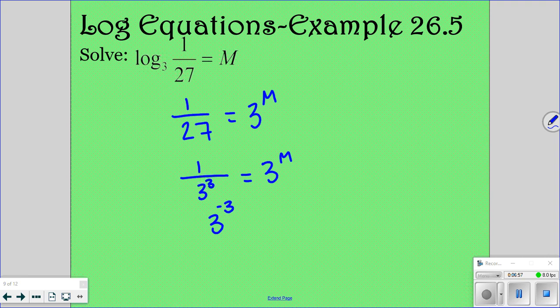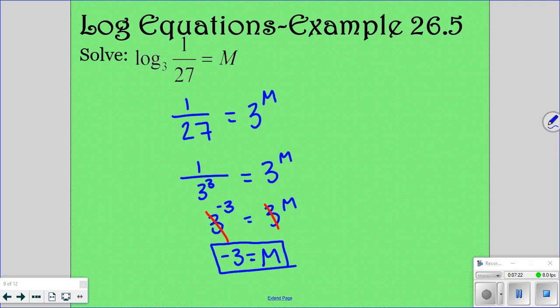So 1 over 3 cubed is the same thing as 3 to the negative 3. And so that's going to equal 3 to the m. And since the bases are now both 3, they can cancel out. And that means that negative 3 is equal to m. And so that would be your answer for that one. So that's how you could work through that one.